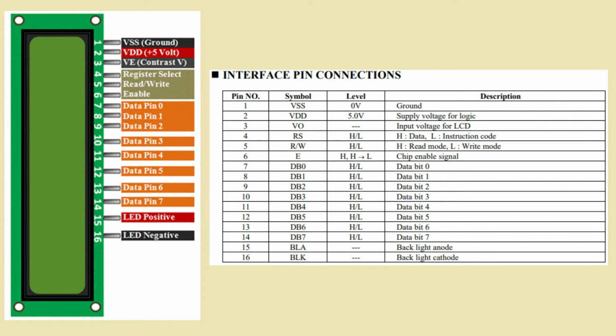Then we have pin 5, RW, read and write, where 0 is selected for writing data or commands and 1 for reading data or display status. Then we have E, enable, pin 6, which starts the write or read cycle. And then we have the 8 data bits from D0 to D7, which occupy pins from 7 to 14.